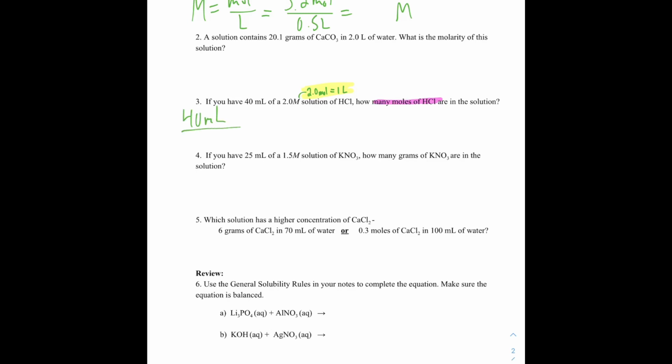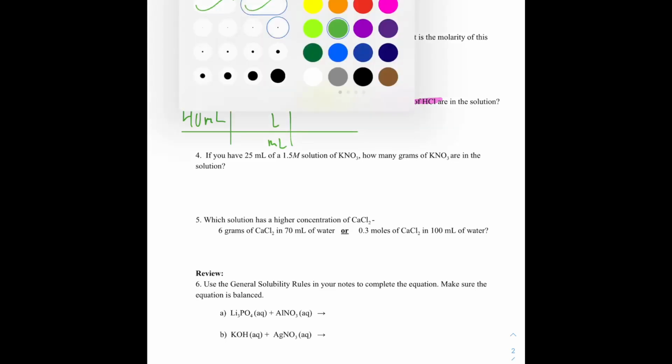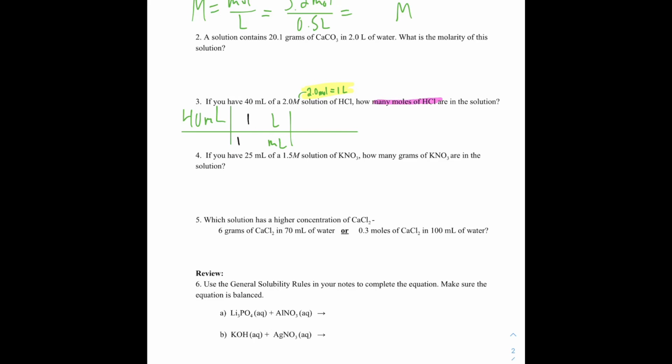You've probably noticed that with molarity anyway, it's always per units of liters. So we have to convert this from milliliters to liters. And that conversion is 1 to 1,000. And now we can use the conversion factor that was given to us in the problem. We know that we can convert from liters to moles because for every 2.0 moles of solute, there's 1 liter.